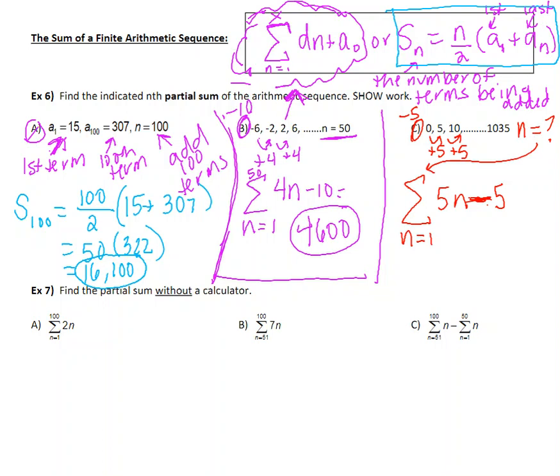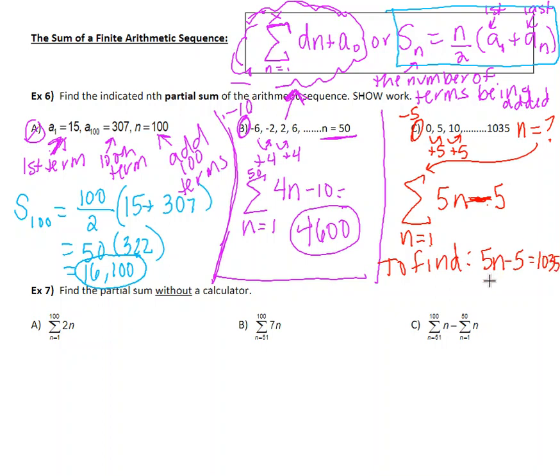How do I know how many terms that is? I know 1,035 is the last term, but how do I figure out how many terms I'm actually adding together? What you do to find n is you just take your formula, 5n minus 5, and set it equal to 1,035.